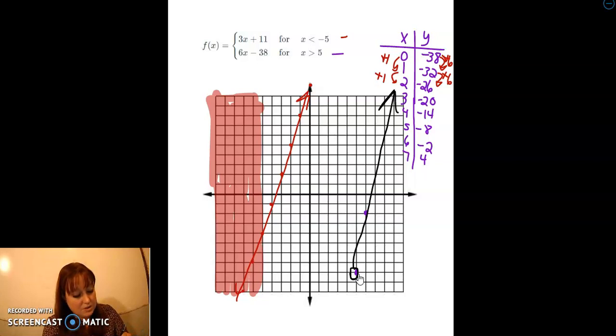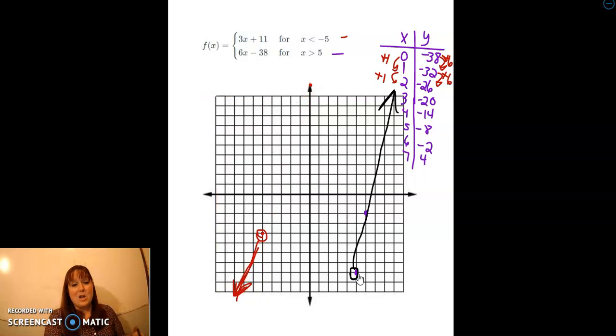I need an open circle because it's less than negative 5, not equal to negative 5, and then it wants all the numbers less than negative 5, which is to the left. Then I can erase all of that. So this is my piecewise function. I see this function when x is less than negative 5, and I see this function when x is greater than 5.